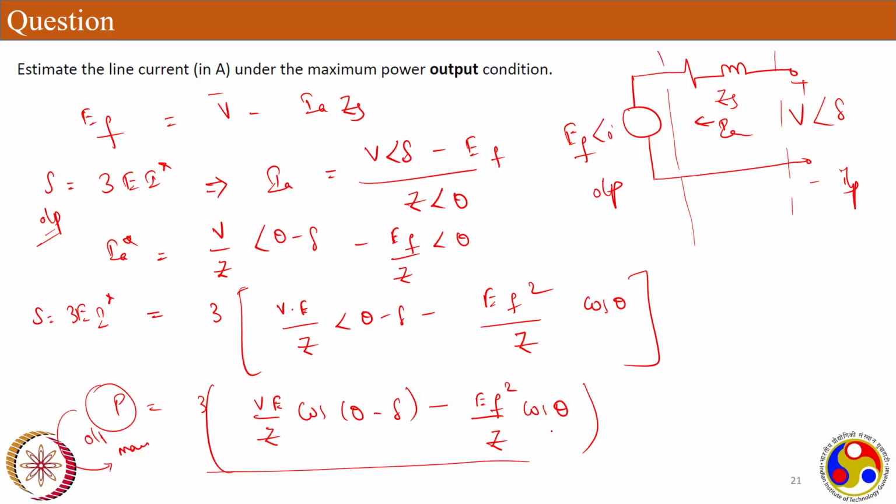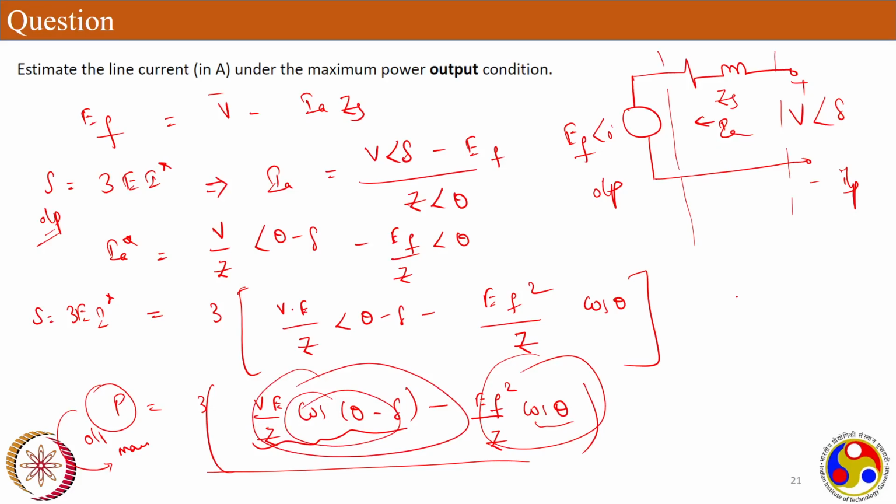So here what is the condition? Can someone tell me? Theta equal to delta, sir. Right, that's correct. Because you can't do anything with this term because cos theta is already fixed. The impedance angle theta is already fixed. Z is equal to 1 plus j5, and is fixed. So you can't change anything. So you have to concentrate on this cos term, which should be maximum.